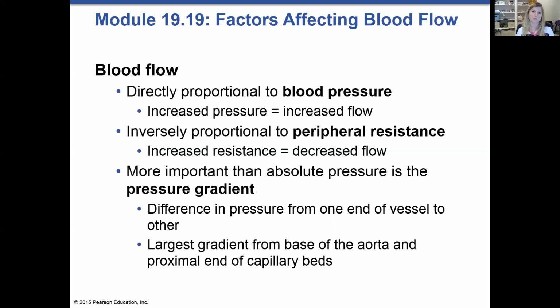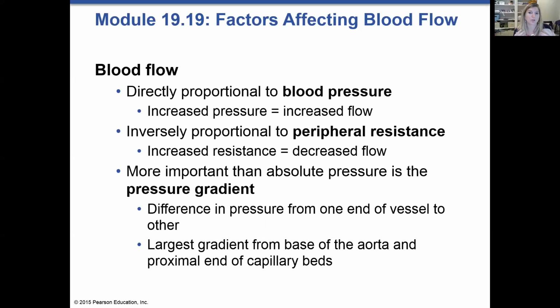More important than the absolute pressure is what we call the pressure gradient. Remember that concept where everything flows from areas of high pressure to areas of low pressure? Well, the greater the difference, the greater the flow, the faster that flow is going to occur. So the difference in pressure from one end of the vessel to the other end of the vessel is what we call pressure gradient.